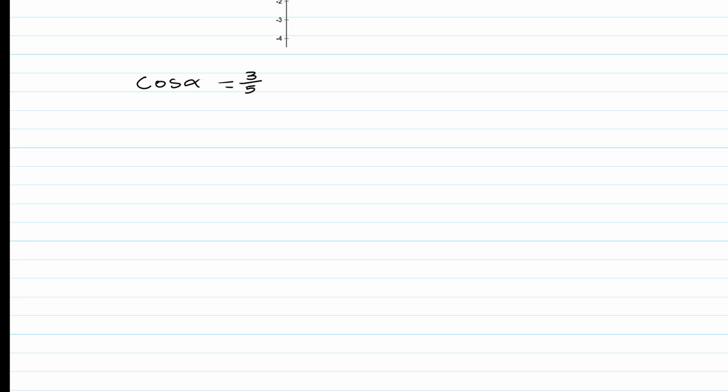But now we want to undo the application of the cosine function on alpha, so we apply another function to undo that, and that function is called the arc cos, which means we apply the arc cos on cos alpha, so we have the arc cos on both sides.